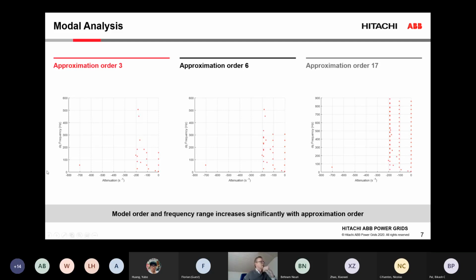We get more resonance modes in the higher order model, but what you can see is that in the high order model we have the same attenuation. So the decay of oscillations or the amplification of instabilities will be predicted to the same value, regardless of whether you have a low or high order model, but you will not see the details in the simulation results.